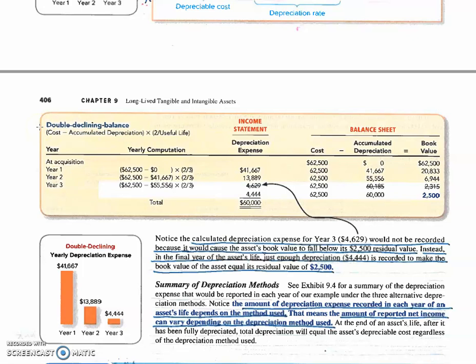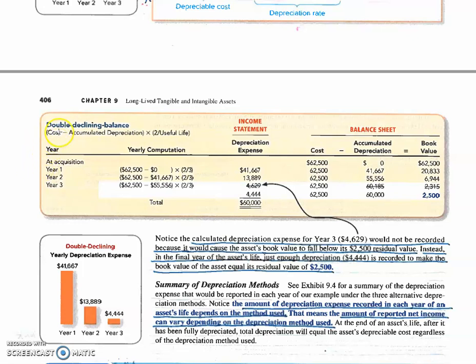So declining balance, we take some multiple of 20% per year. Now it's almost always double. So hence referred to as double declining balance. So rather than taking 20% per year, you take 40% per year. But with the declining balance method, it works very different.